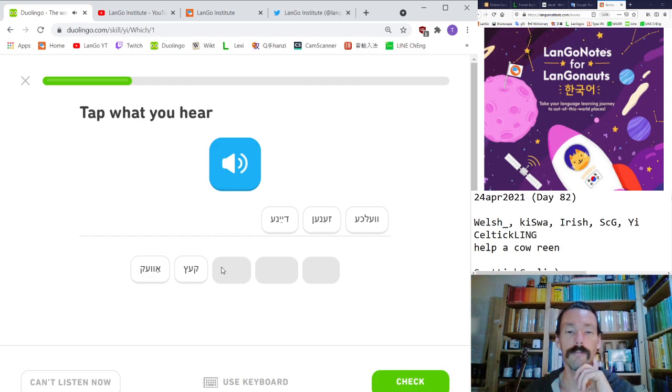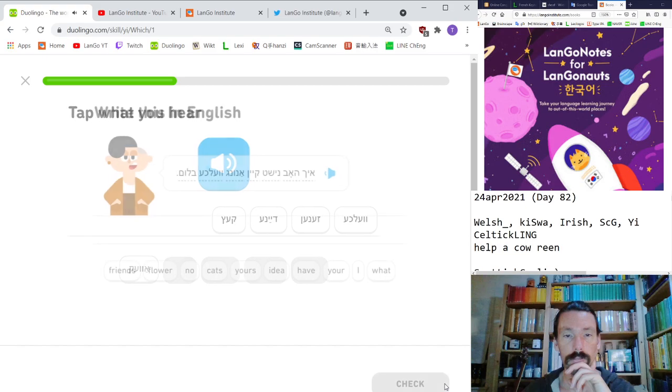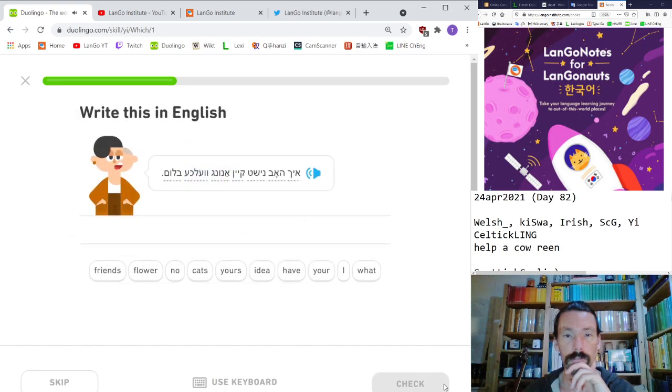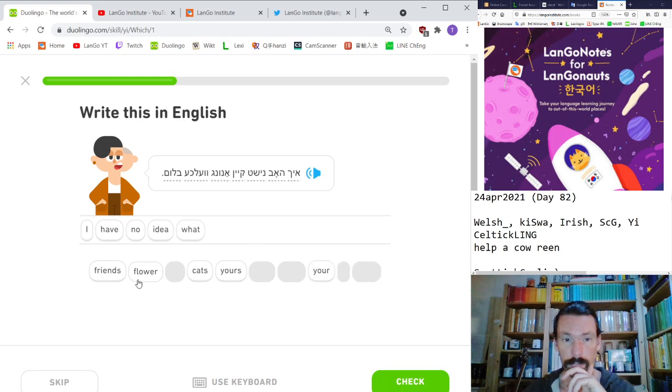Ich hab nicht keine Ahnung, welche blim. I have no idea which flowers. What flower? Welche Blume?